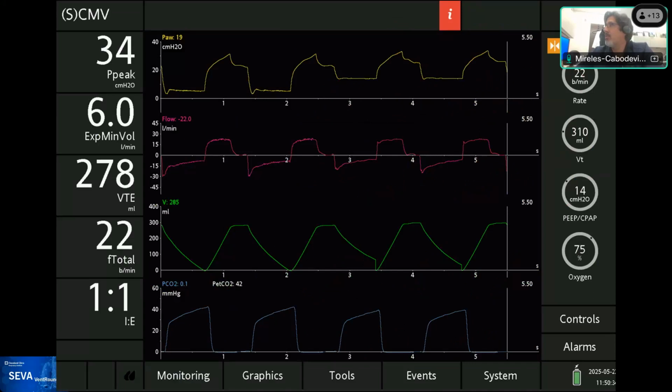So let me show you this graph. I really like this graph because it tells you the story, and then I'll show you how we knew this. But I want you to notice that we increased the PEEP from 5 to 14. This is after we had done a series of other things, as we were analyzing this patient. I want you to realize how the step up that we had went down.